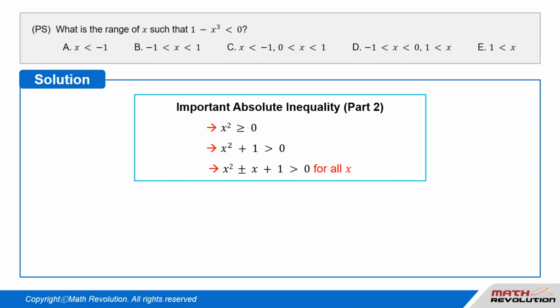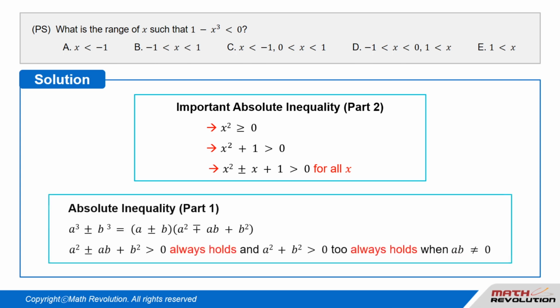Since (x plus or minus 1/2) whole squared is a square and cannot be negative, x squared plus or minus x plus 1 equals (x plus or minus 1/2) whole squared plus 3/4 will always be positive.